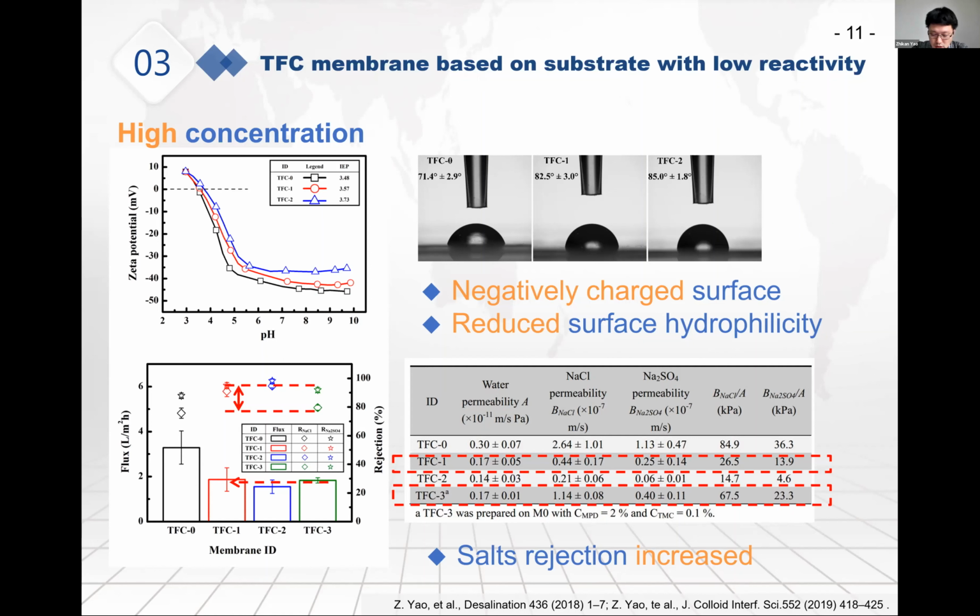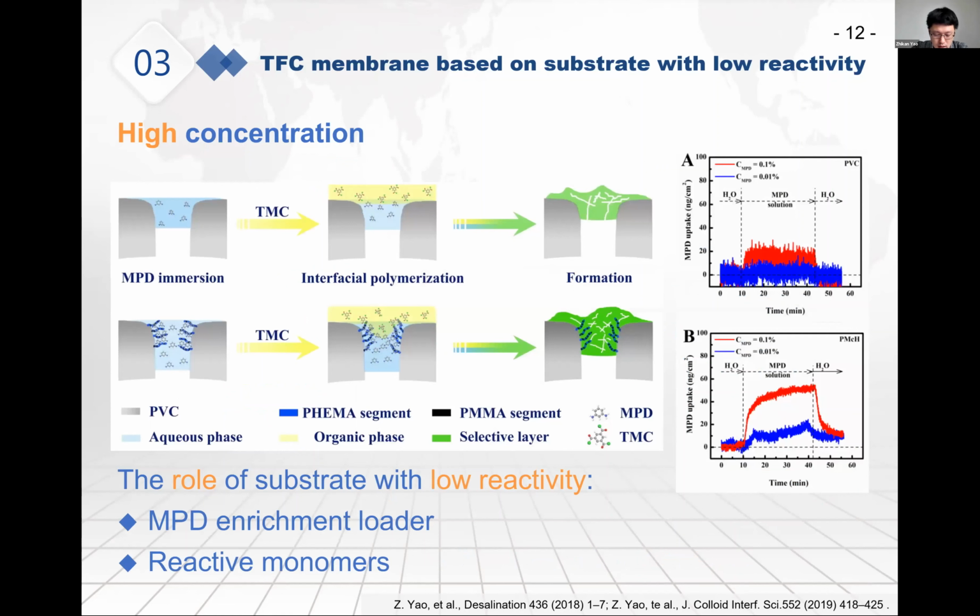Thus, by constructing the selective layer on a reactable substrate, the salt rejection would be improved without the reduction of water permeability. A conceptual model was proposed to explain the results and the role of the hydroxyl group contained reactable substrate in the interfacial polymerization process.